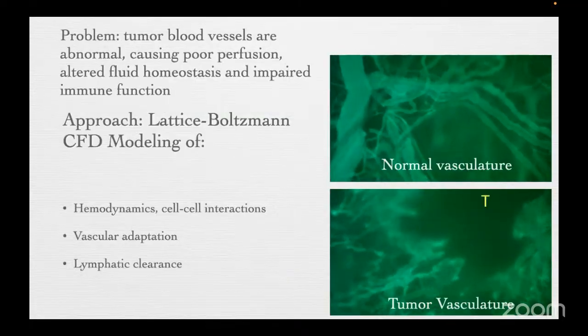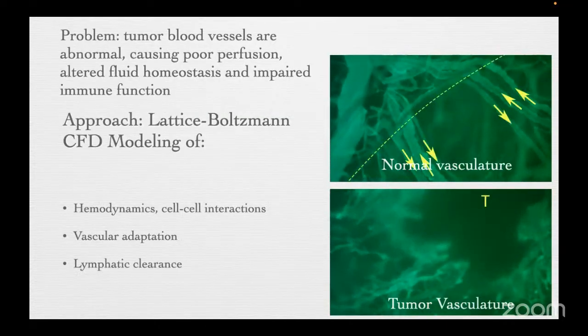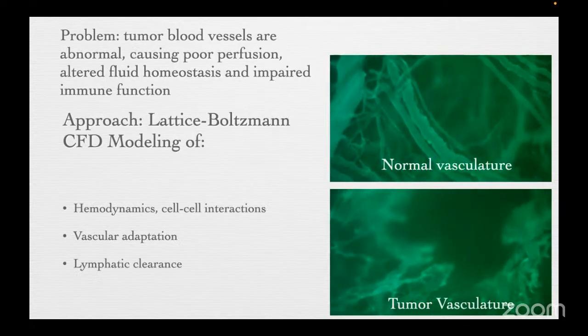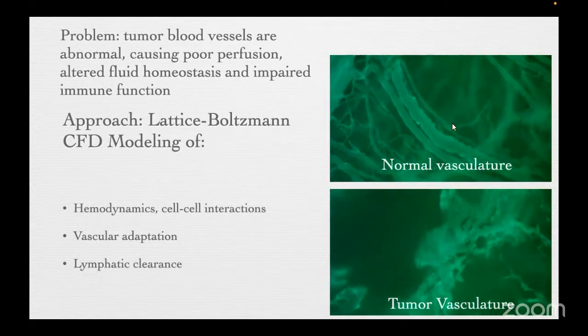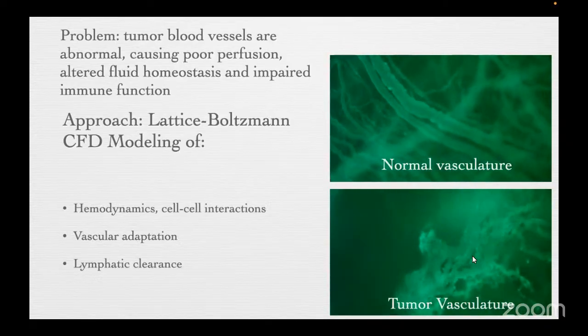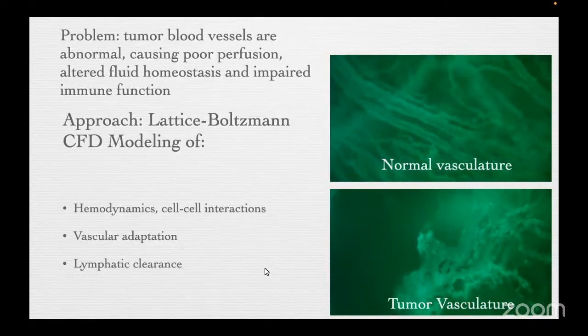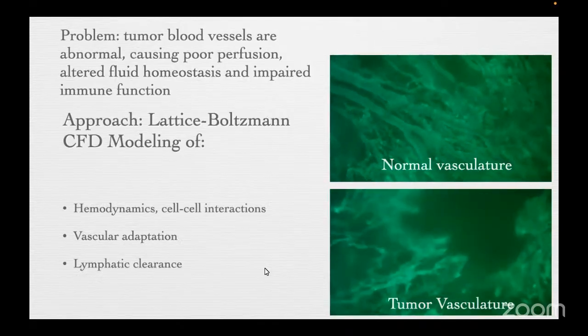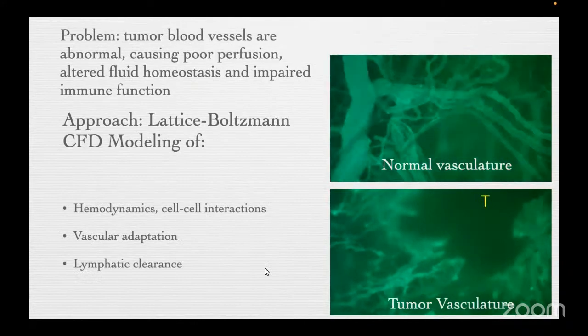So tumor vasculature is structurally and functionally abnormal. You can see the normal vasculature up here, tumor vessels down here. They're highly dense in some regions, and some regions of the tumor don't have any vasculature, so you get this hypoxic and necrotic region that you see there.